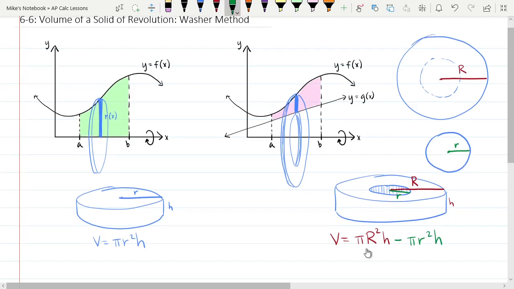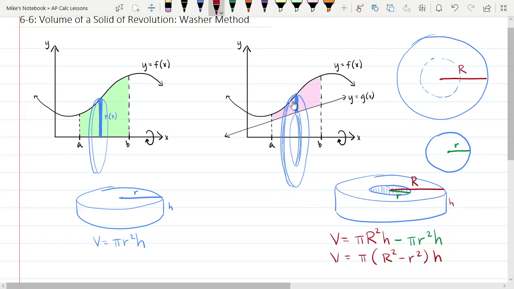And so now if you look, both of them contain a pi, both of them contain an h, so I can now factor out the pi and the h to look like this, pi times big R squared minus little r squared times the height. And so now if you remember, the height is really side to side in our washer, so that's really going to be our delta x.